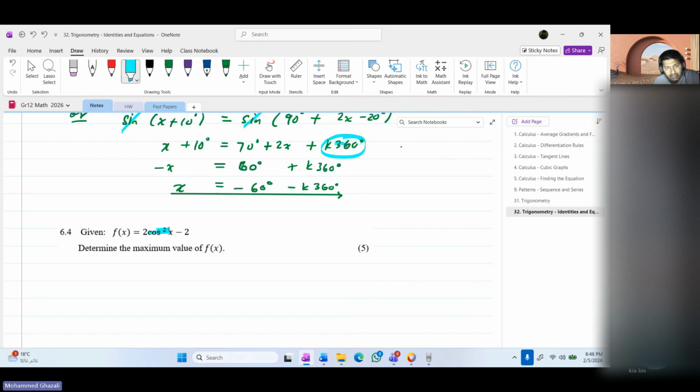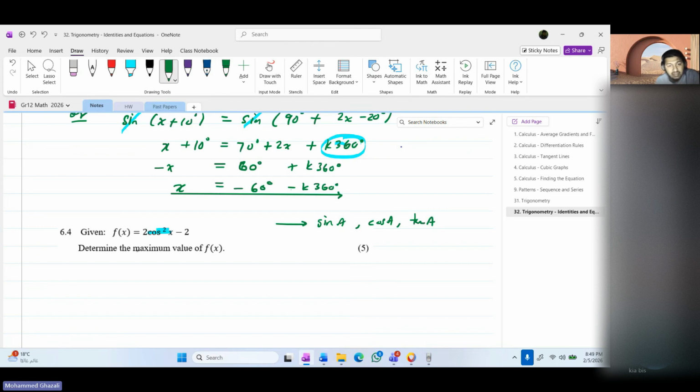Because this is cosine squared, we need to change it in terms of some other trig function, in terms of only sine of the angle, or cosine of the angle, or tan of the angle. You need to change it in terms of a trig function that looks like this: sine angle, cos angle, or tan angle.